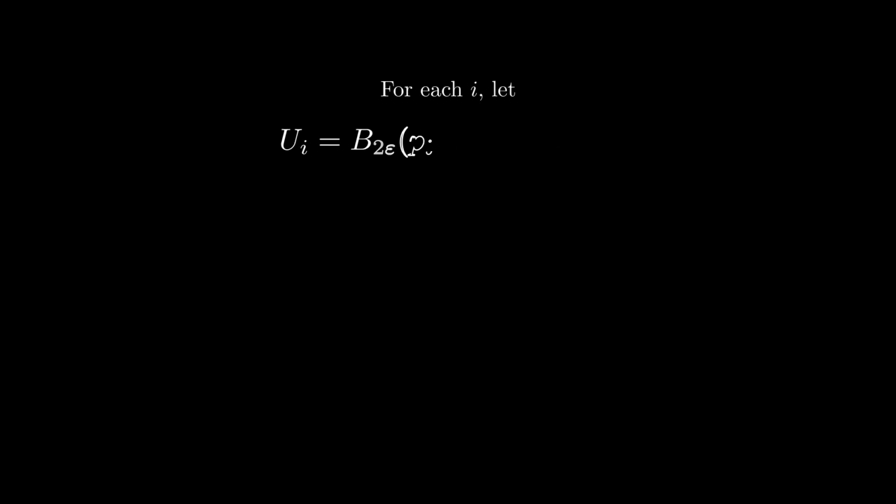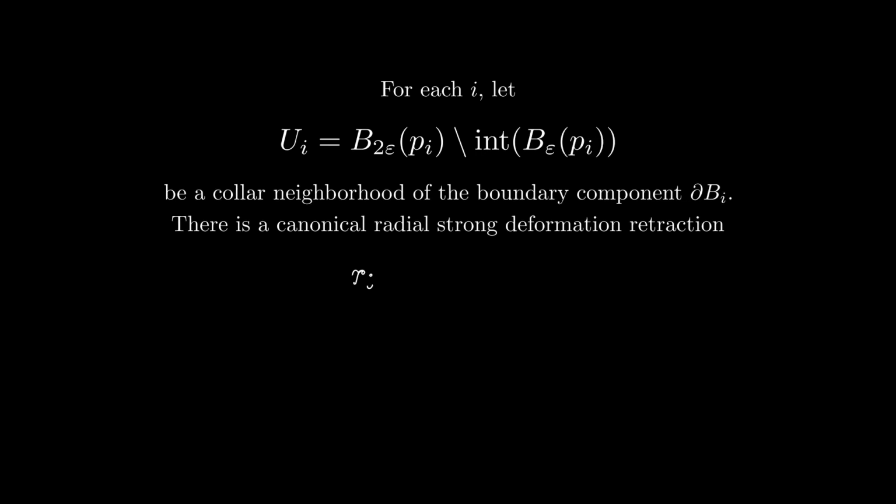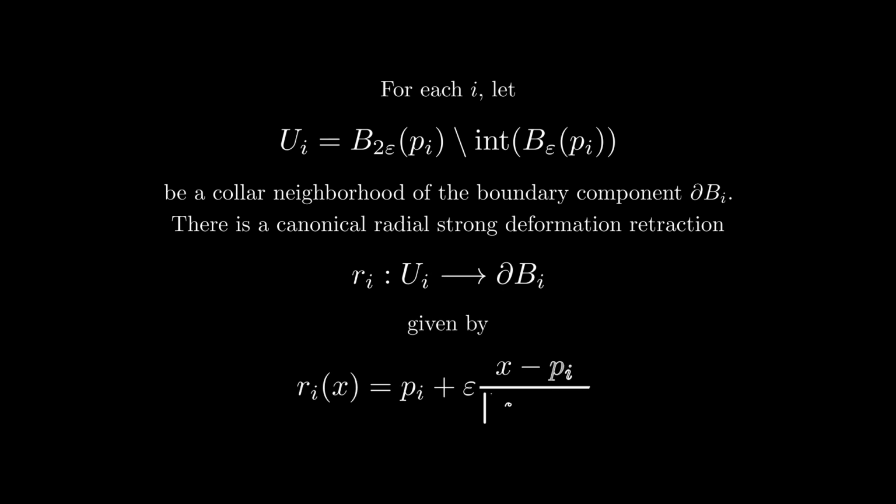Now, for each i, let U sub i be the collar neighborhood of the boundary component, boundary of Bi. We get a radial strong deformation retraction, which can be given by the following.